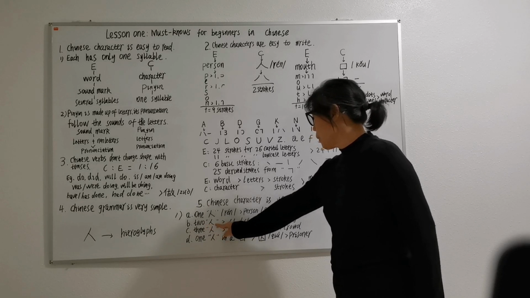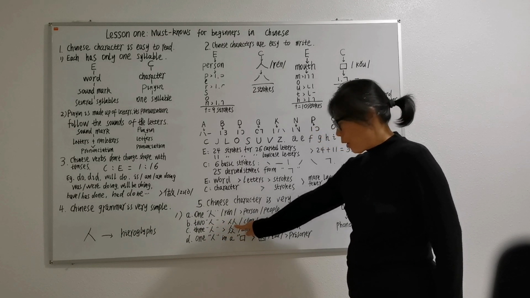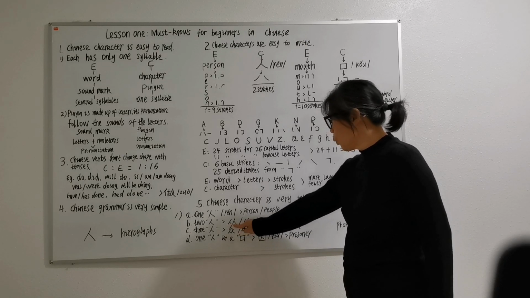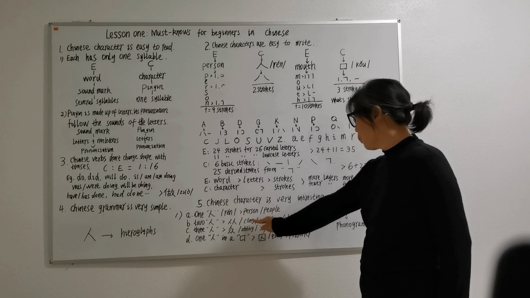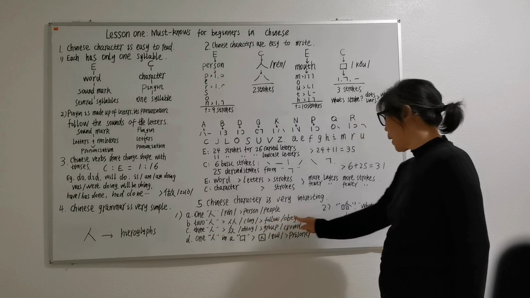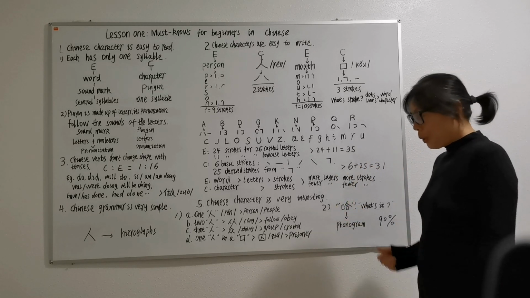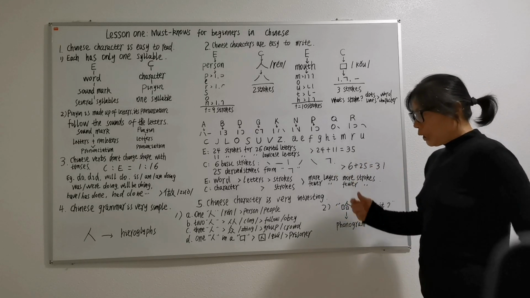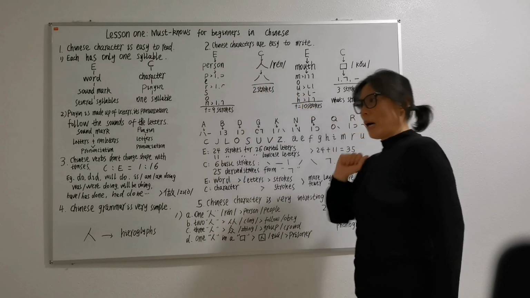And 2人 form this character. 1人, 2人 together. Pronunciation is cóng. Significance is follow and obey. Of course, one person walking after another. He is following the front one.